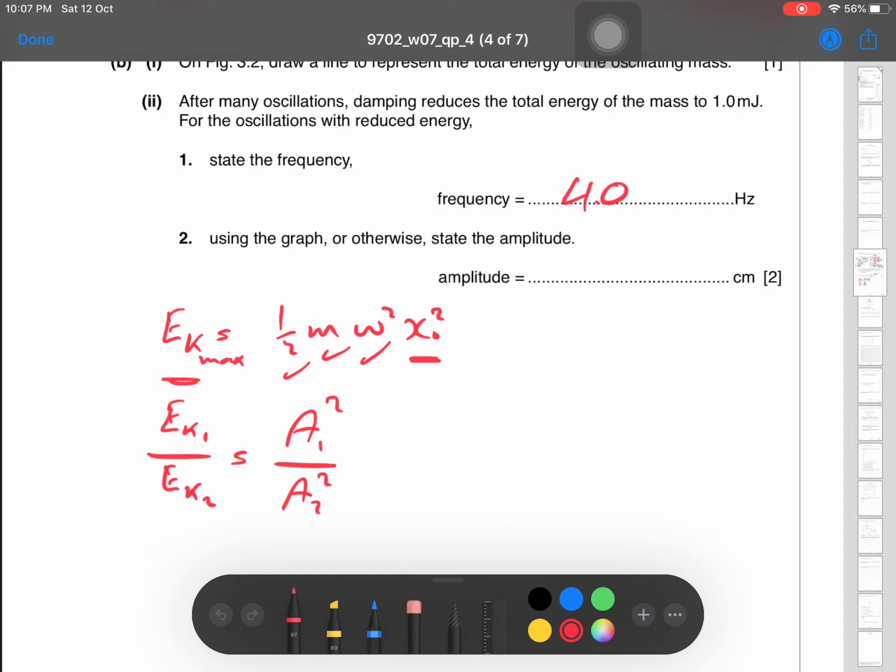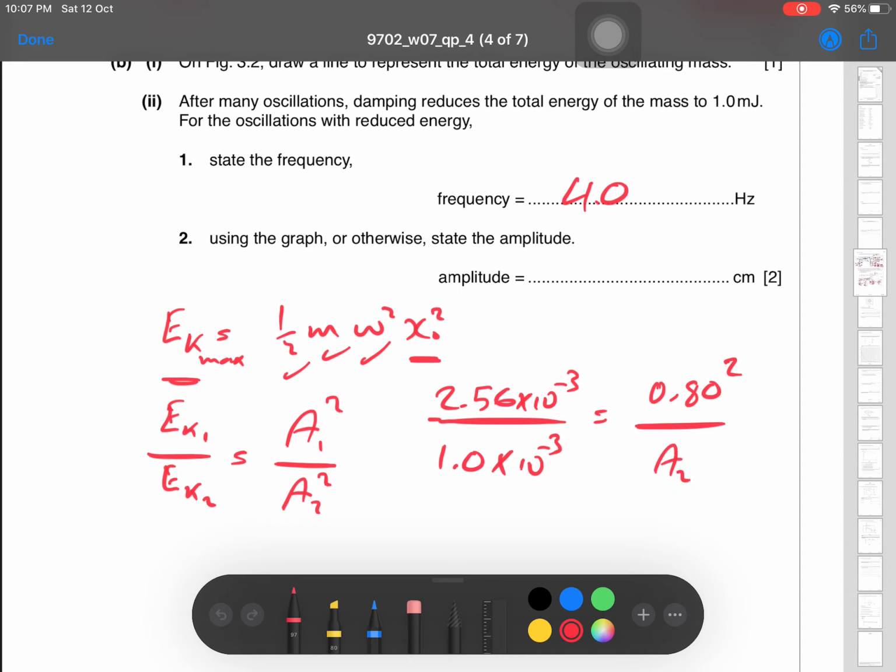The total kinetic energy in the beginning was 2.56 times 10 to the power of negative 3 over the kinetic energy in the second case, 1.0 times 10 to the power of negative 3, is equal to amplitude 1 squared over amplitude 2 squared. The first amplitude was 0.80 centimeter, so 0.80 centimeter squared over amplitude 2 squared.